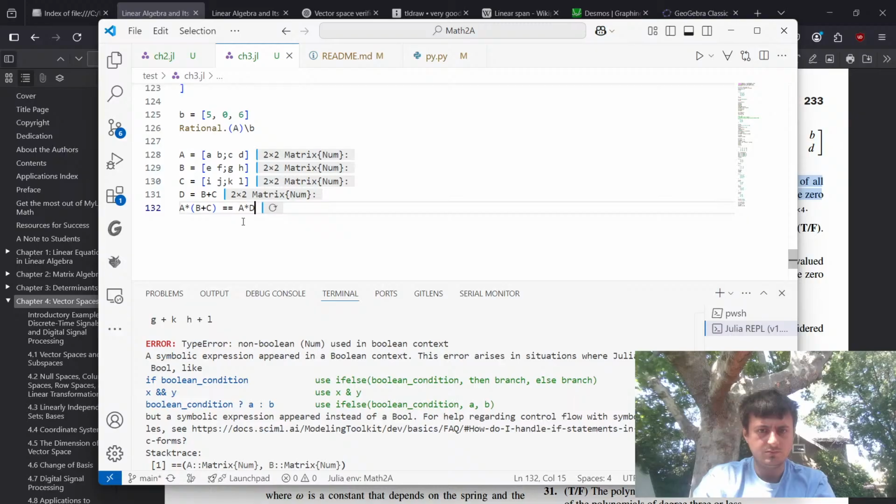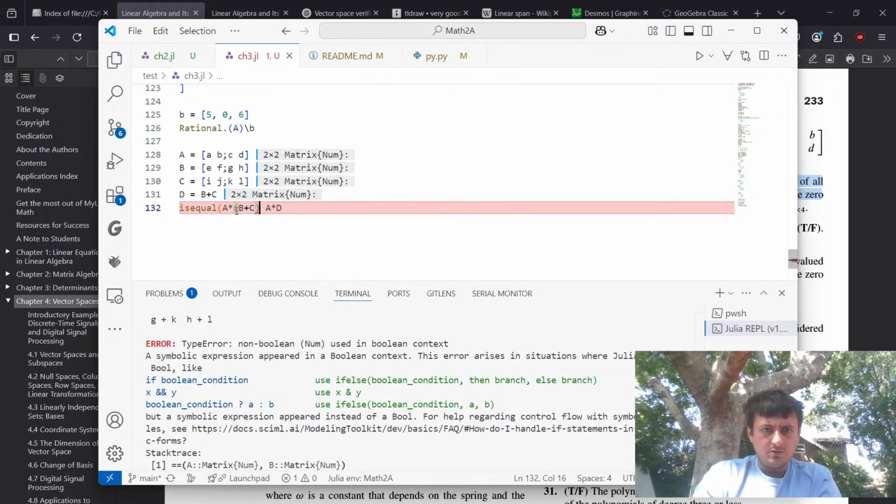Can you not compare element-wise matrices? Oh, you can.